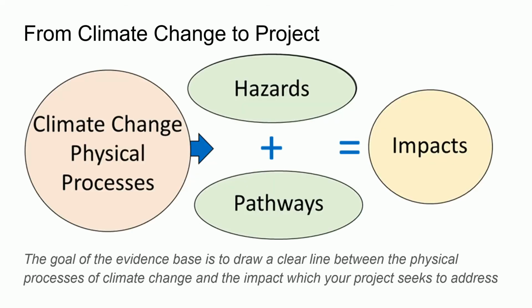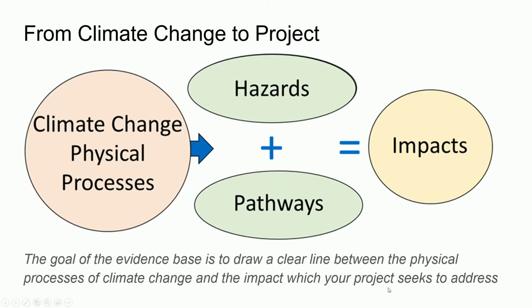So on our next slide, let's look at climate change to project. As you can see, the way that we move to the project is the evidence base. It draws a clear line between the physical processes of climate change and the impact that our project seeks to address. And we'll talk more about this in the tutorial video, which we also have, and the guide and exercise that we have.